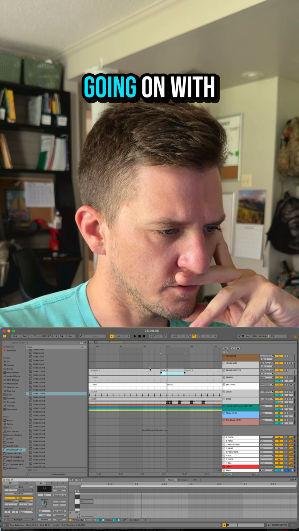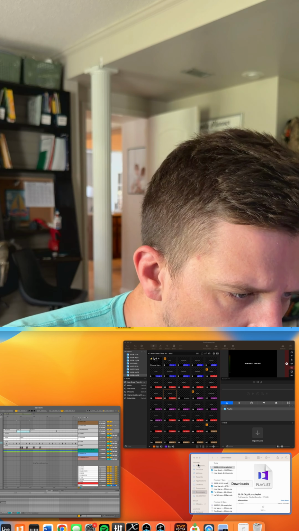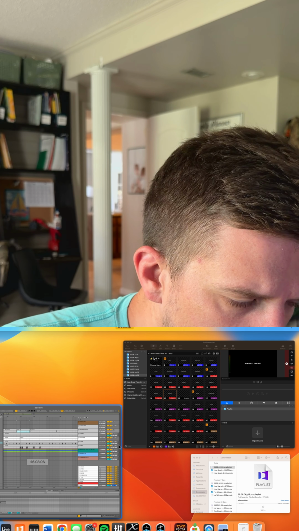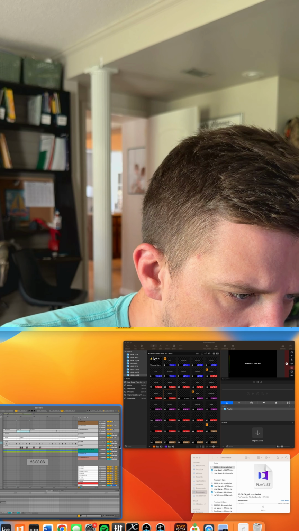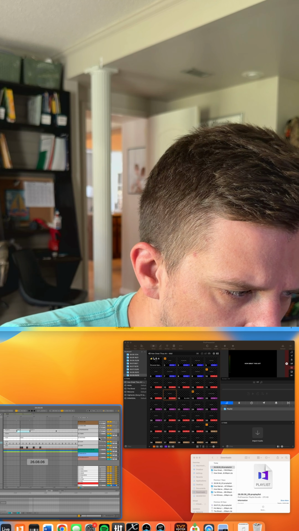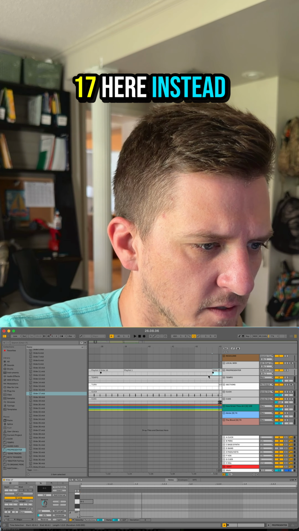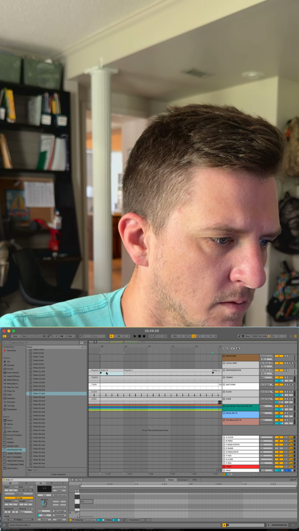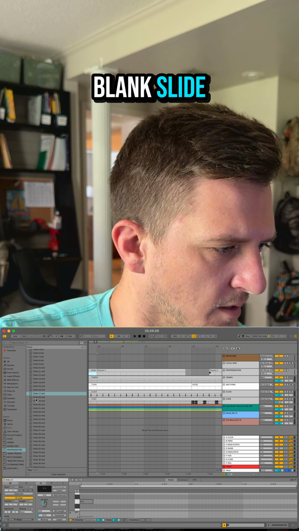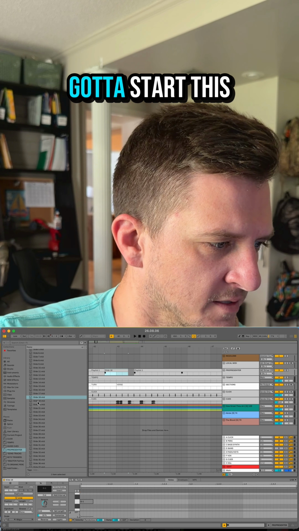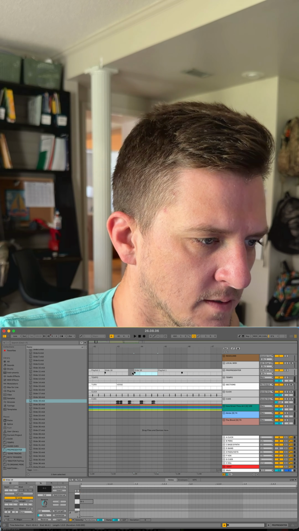Oh, what is going on with this slide? So 18 is a blank. So I'll do 17 here instead of 16. And then where I put the blank slide, do 18 there, and then I gotta start this verse on 19.